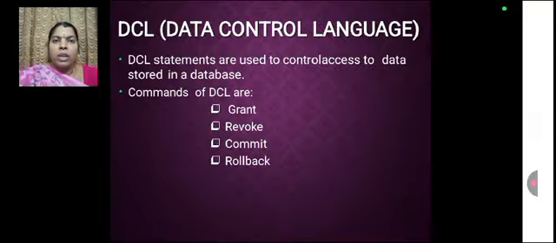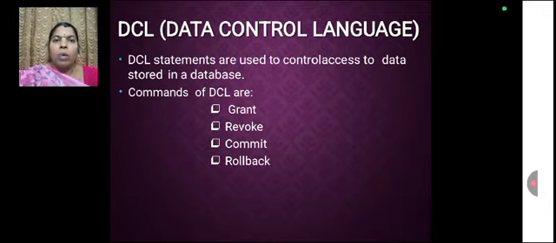Any operation that is done in your database, we call a transaction. Once a transaction has been completed, if you want to store that transaction permanently, this can be achieved by using the commit statement or commit command.